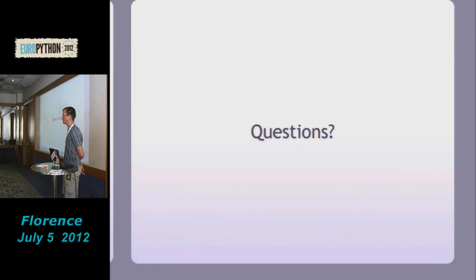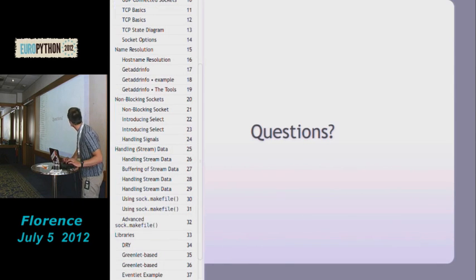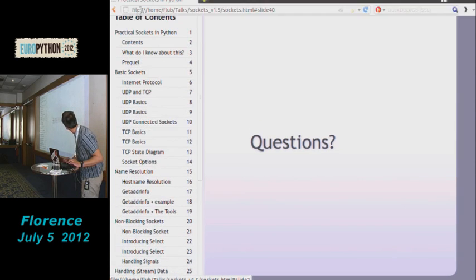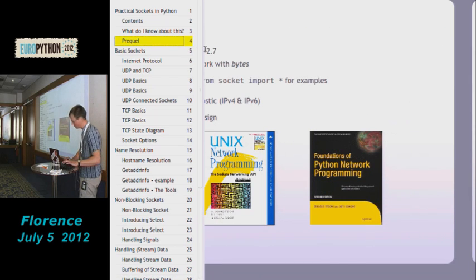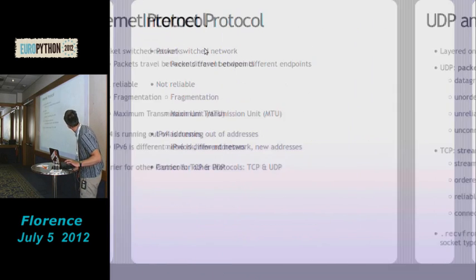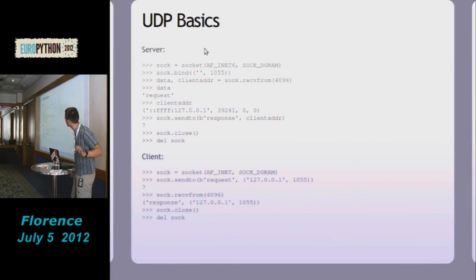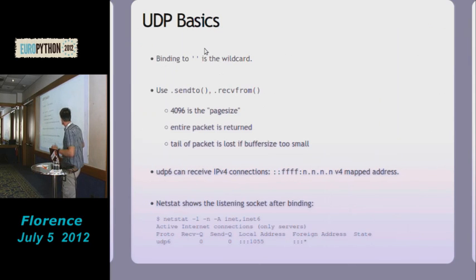On the second or so slide, when you pass an empty string to bind, you said that thanks to some magic, that will bind both an INET and an INET6 protocol. If you look at the netstat output, it will show us listening on, this is UDP, so you'll see on the next slide it will show up as a UDP6 socket.